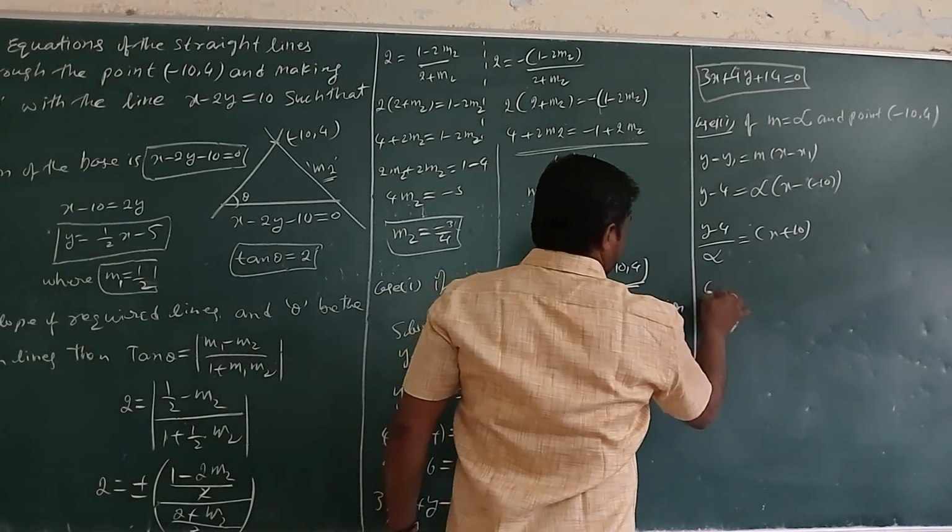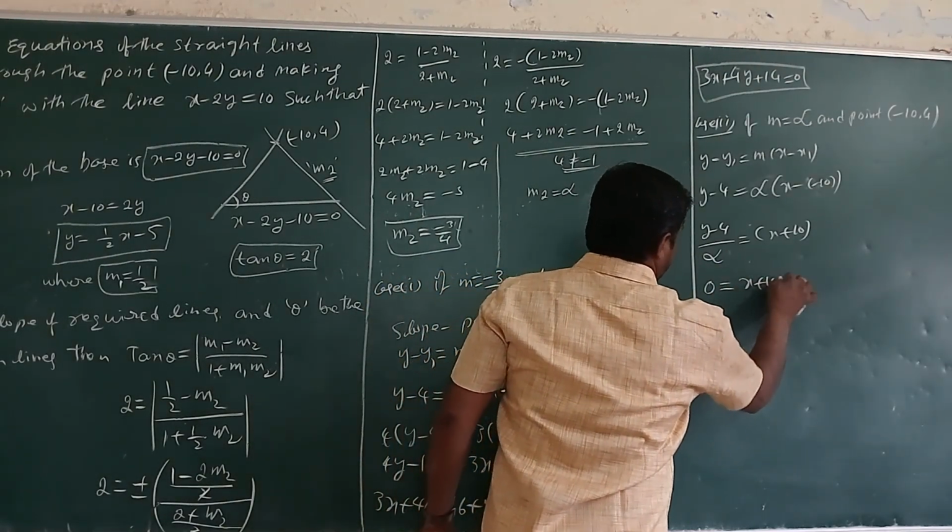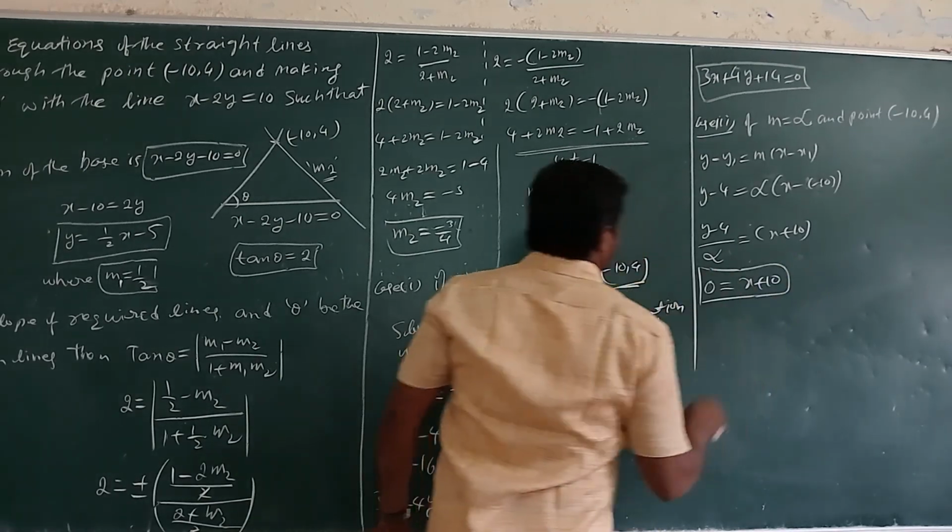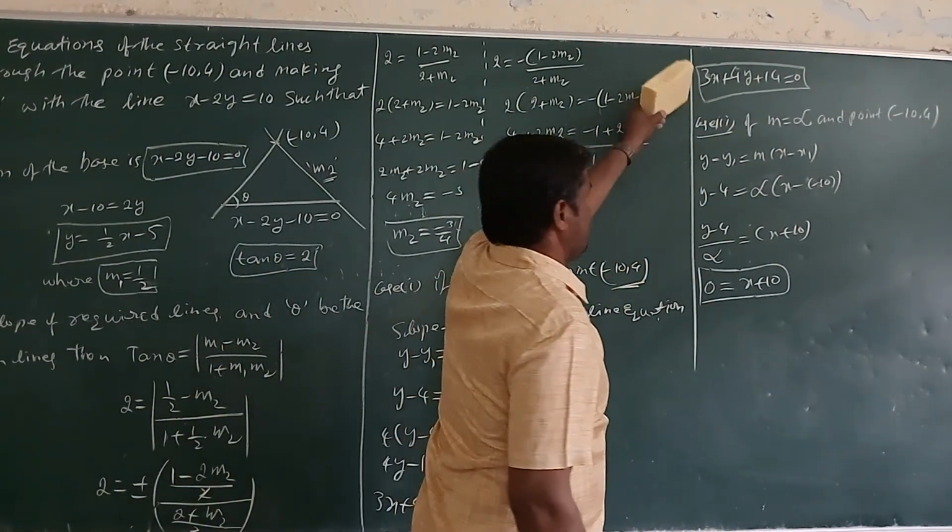Something divided by infinity is 0, so 0 equals x plus 10. This is the second line equation.